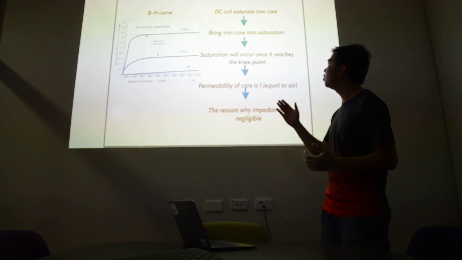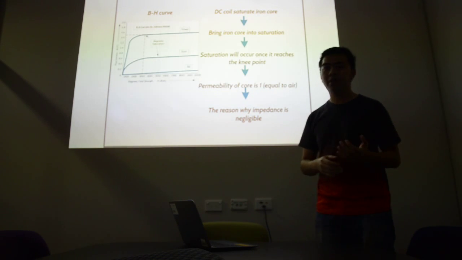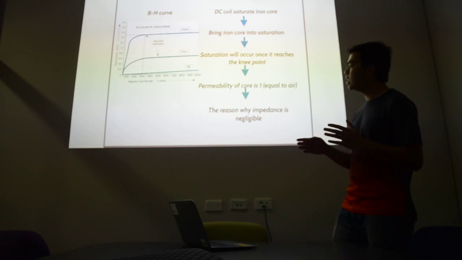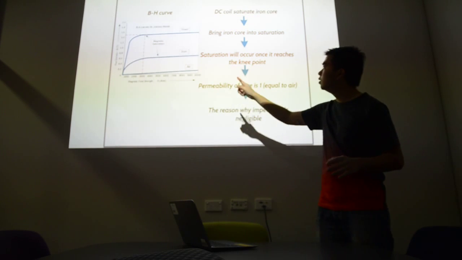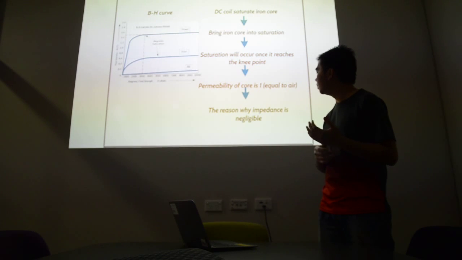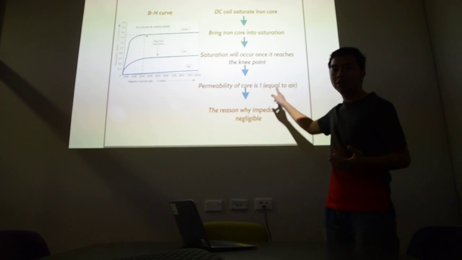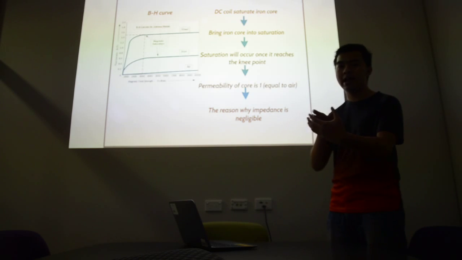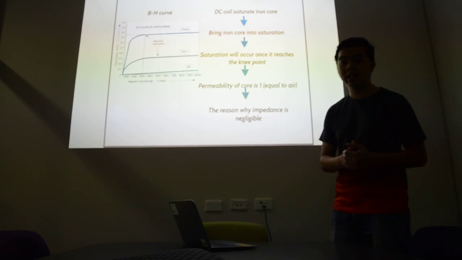Saturation will occur once it reaches the knee point, which you can see there, the magnetic saturation. When it is saturated, the permeability of the core is equal to 1, which is equal to air. At this point, when the permeability of the core is 1, the AC coil sees the core as air. So that's the reason why the impedance is negligible.